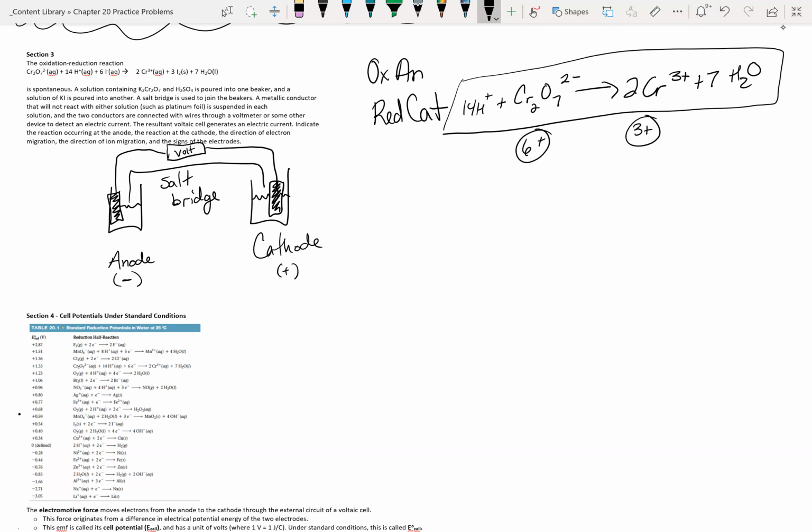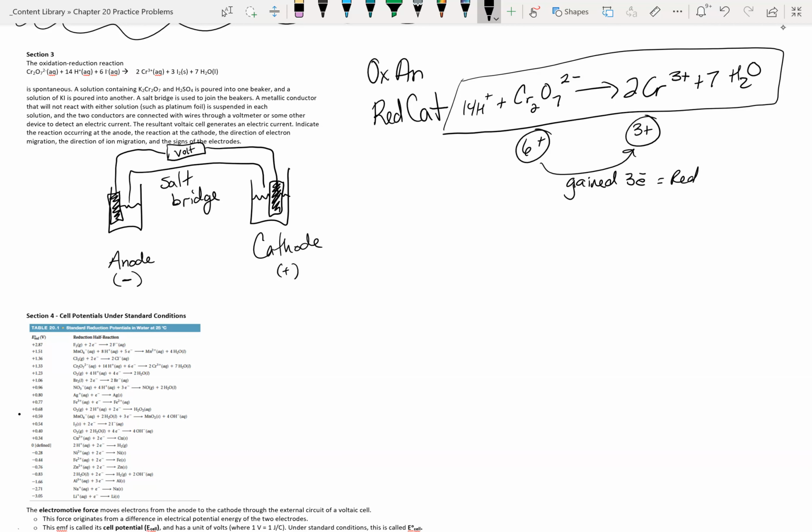I'm going to let you think about it for a second. 6+ going to 3+ means it would actually have to gain 3 electrons.